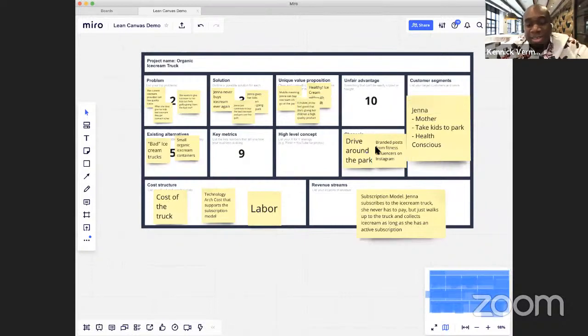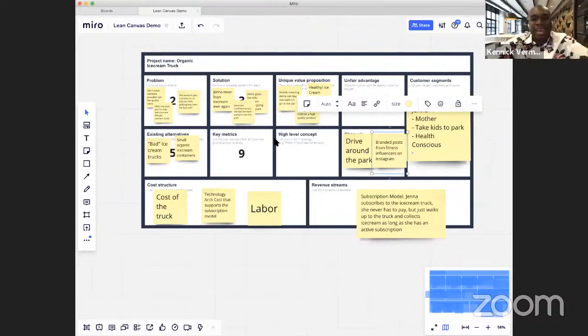Because Jenna's health conscious, she follows a whole bunch of fitness people on Instagram. Therefore, if she sees that our organic ice cream truck has a review or an endorsement by one of these fitness influencers, she's gonna seek out this business.